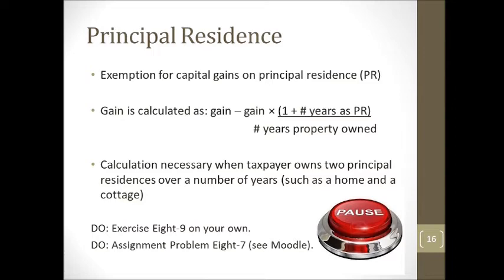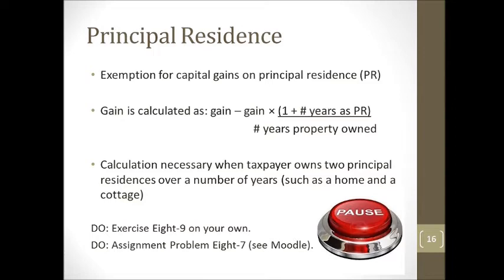A family unit is considered to include the taxpayer's spouse or common law partner, and any children, unless the child is married or in a common law relationship, or if the child is over 18 during that particular year.